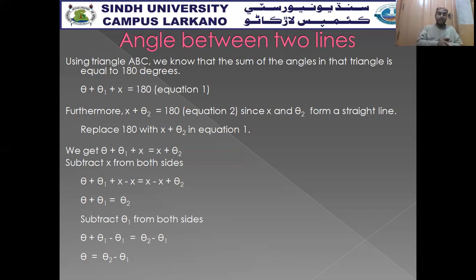In the first we did see that θ plus θ minus θ₁ minus θ₁ cancel each other. What we get is θ is equal to θ₂ minus θ₁.